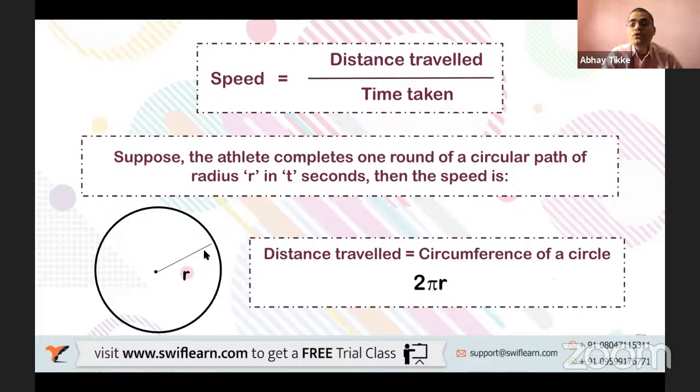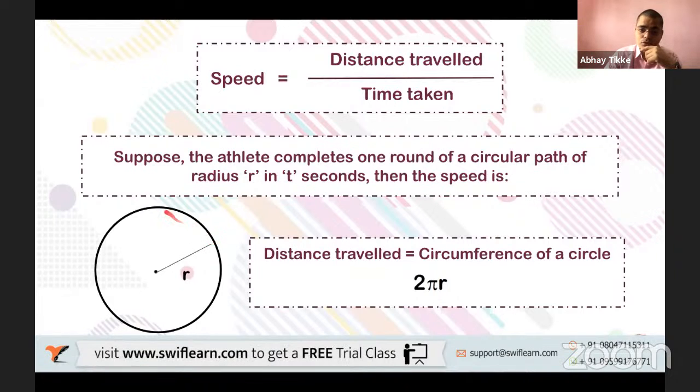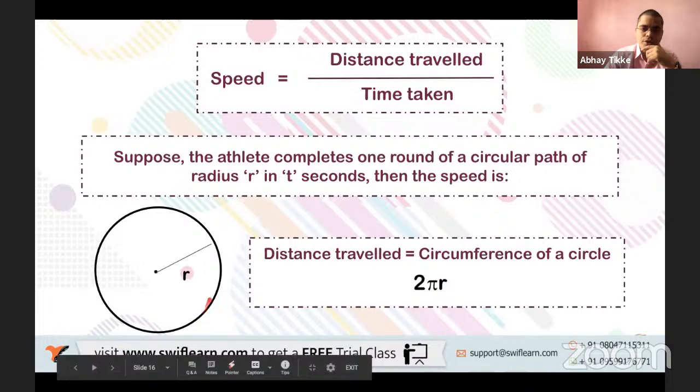Distance traveled is equal to the circumference of the circle. Now देखो distance कितना travel किया? Say you are traveling on this circular path, right? When you are traveling on the circular path, you are completing one revolution. So in one revolution, how much distance is traveled? Let's say the radius of the circle is R. You start from here and you complete one revolution. How much distance have you covered?